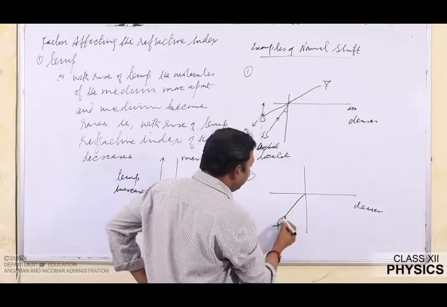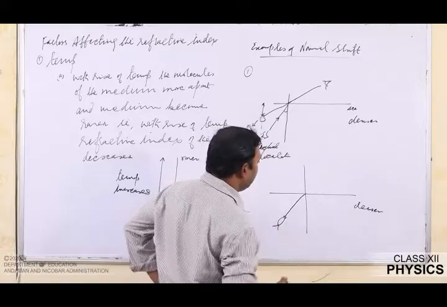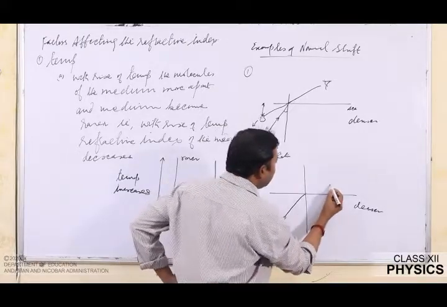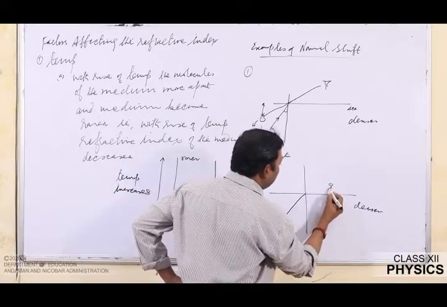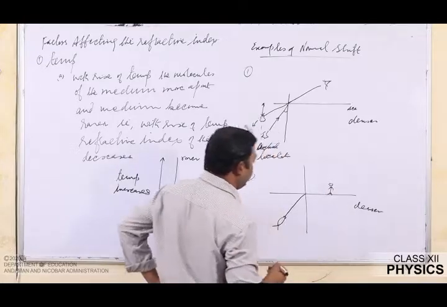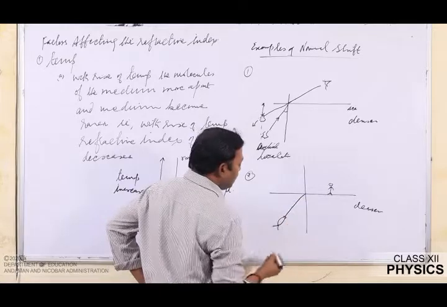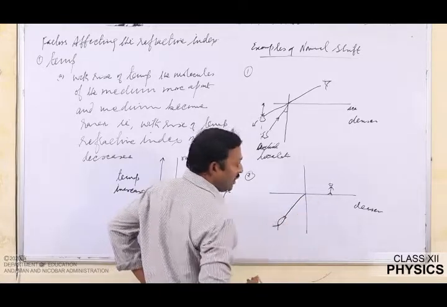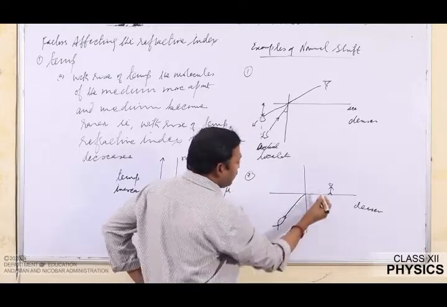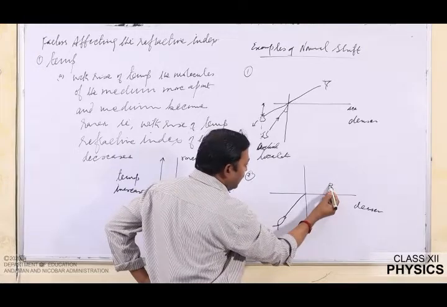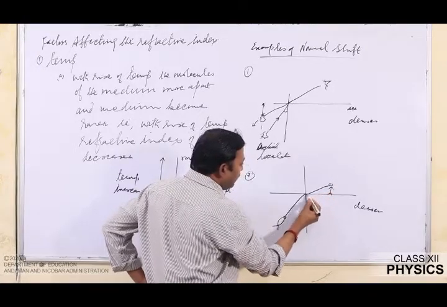If the fish is viewing the person who is standing in the rarer medium, let us suppose here we have a person. The beam which arises from the rarer medium moves down like this.